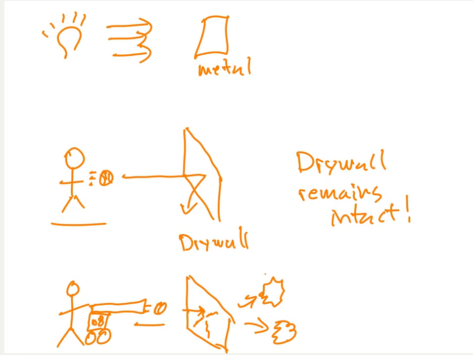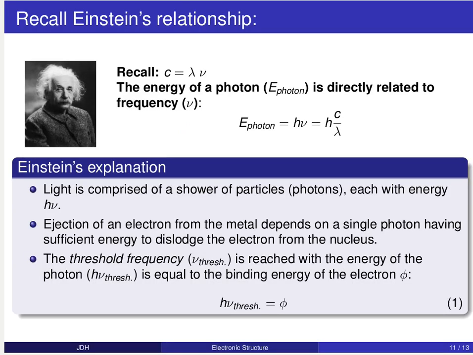Of course, I gave you the analogy here. These chunks of drywall correspond to the little electrons that shoot out of that metal sample in that experiment that illustrates this photoelectric effect.